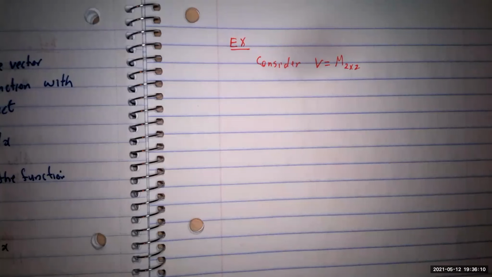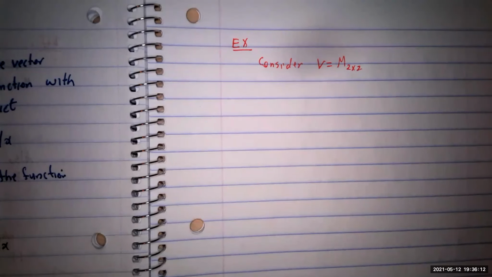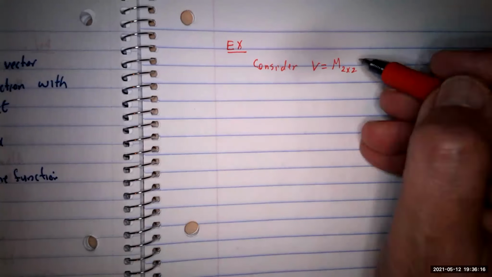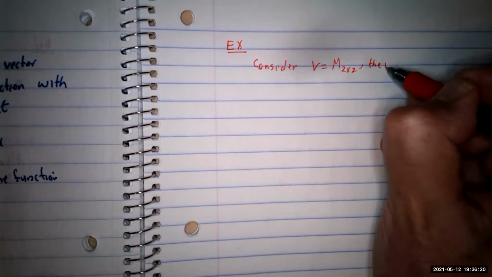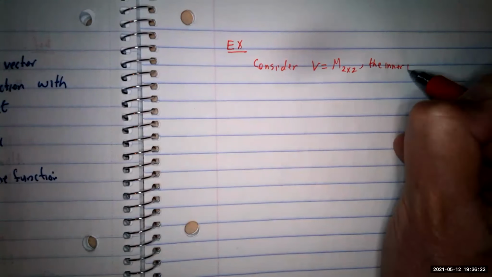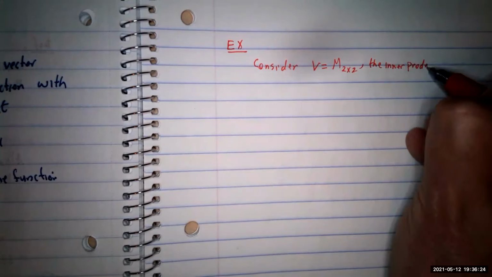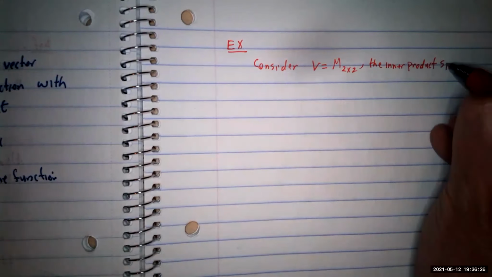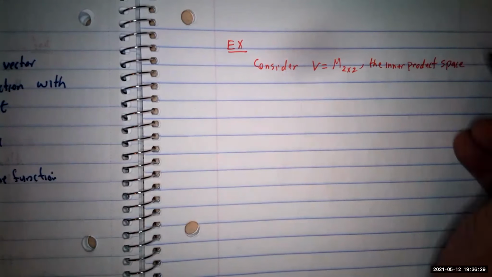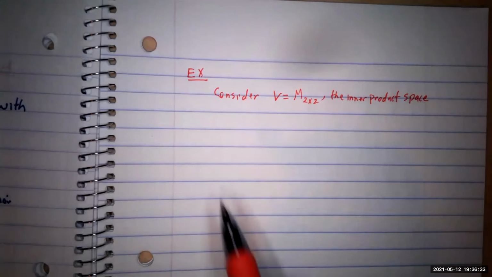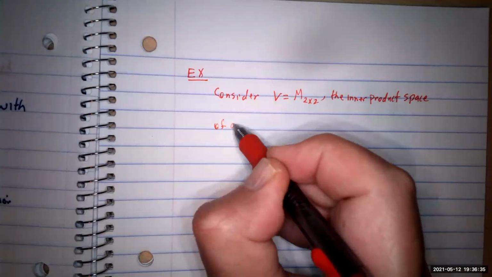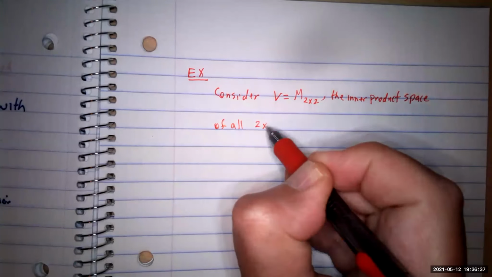So this is the inner product space, if you like, the inner product space of all 2 by 2 matrices.